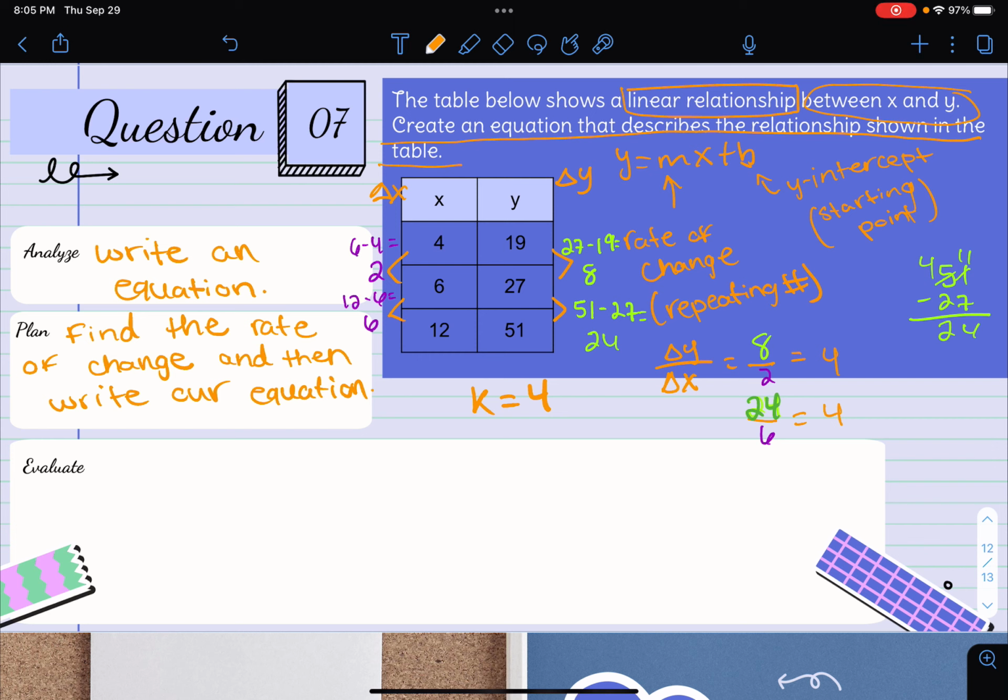So if we go back and we do y equals kx, our constant being 4, times our x value, which is also 4. So does 4 times 4 give us 19? No, 4 times 4 gives us 16. So what do we need to do to get 19? Do we need to add another number, subtract another number?